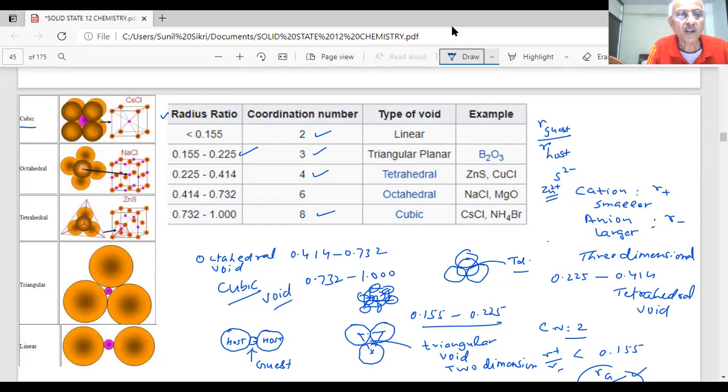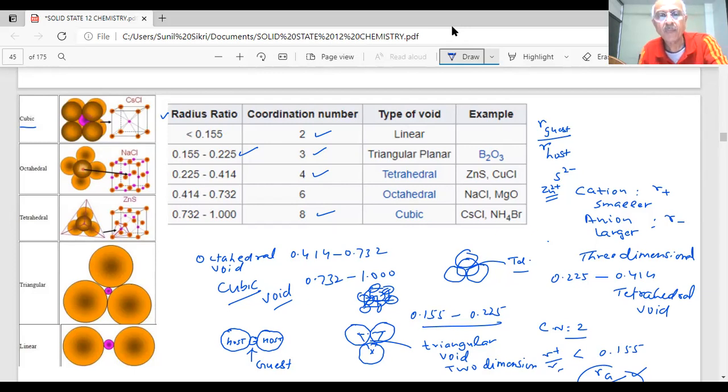Linear, triangular planar, tetrahedral with 3 and 1 on top, octahedral with 3 and 3 on the other side, cubic with 8. You can see the larger ones at the crystal lattice sites, the corners of this cube, and the one which is our guest, smaller in size, is inside the unit cell, inside that cubic.